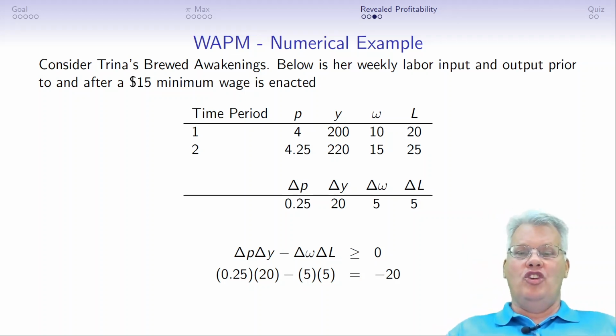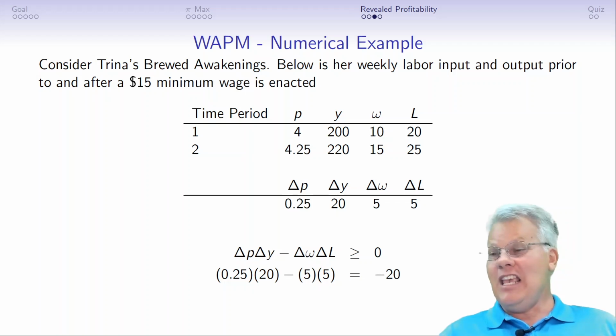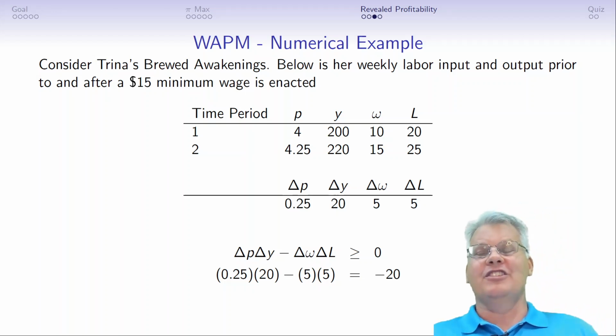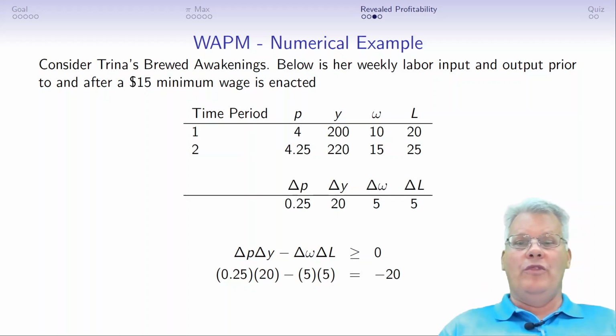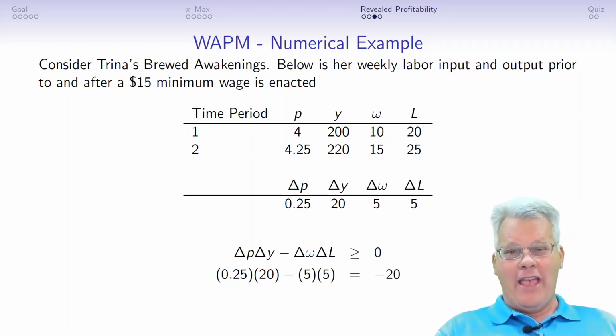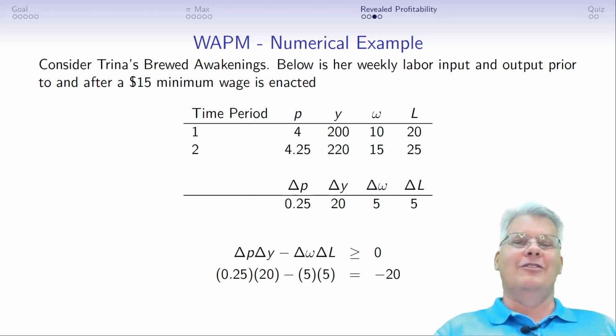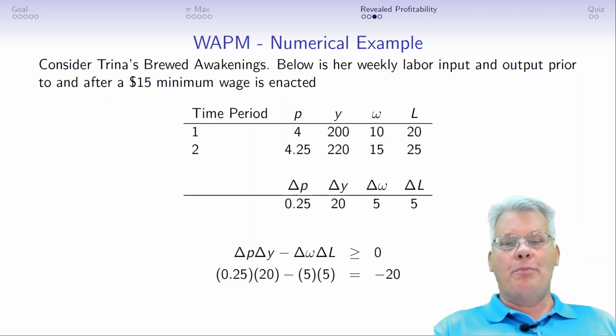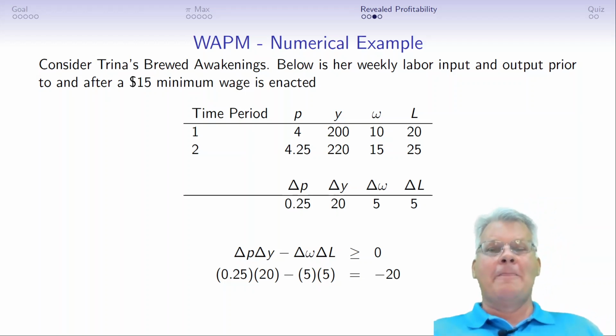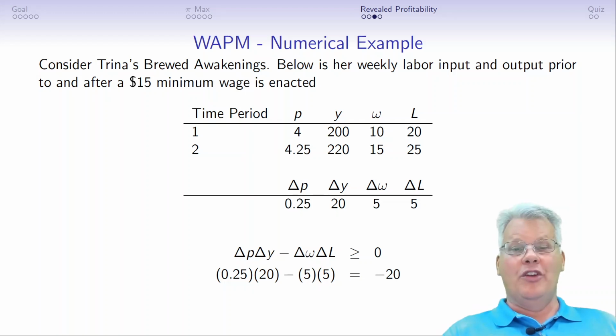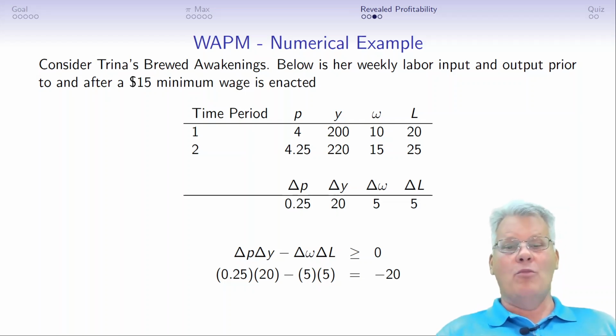So if we want to see whether Trina fulfills WAPM, prices go up by 25 cents, right? Her output increased by 20, wages went up by $5, and she employed more labor.